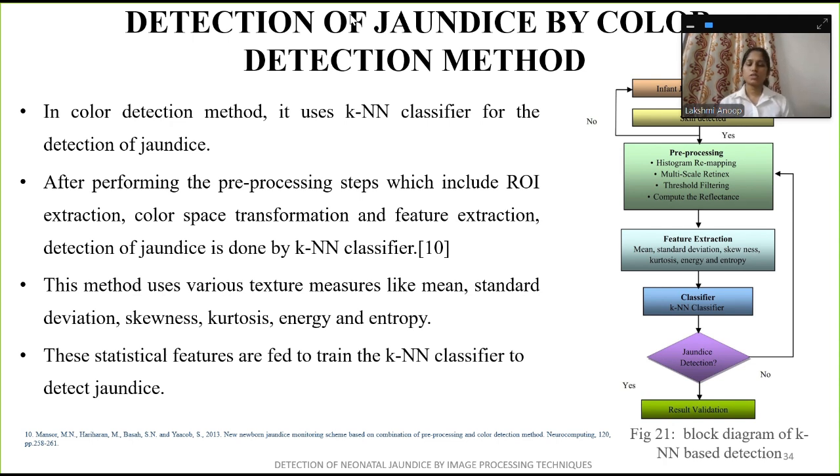This method uses various texture features like mean, skewness, kurtosis, entropy, and standard deviation. These statistical features are then fed to the KNN classifier. These are the main texture features that act as the inputs to the algorithm to classify the infant's jaundice condition.